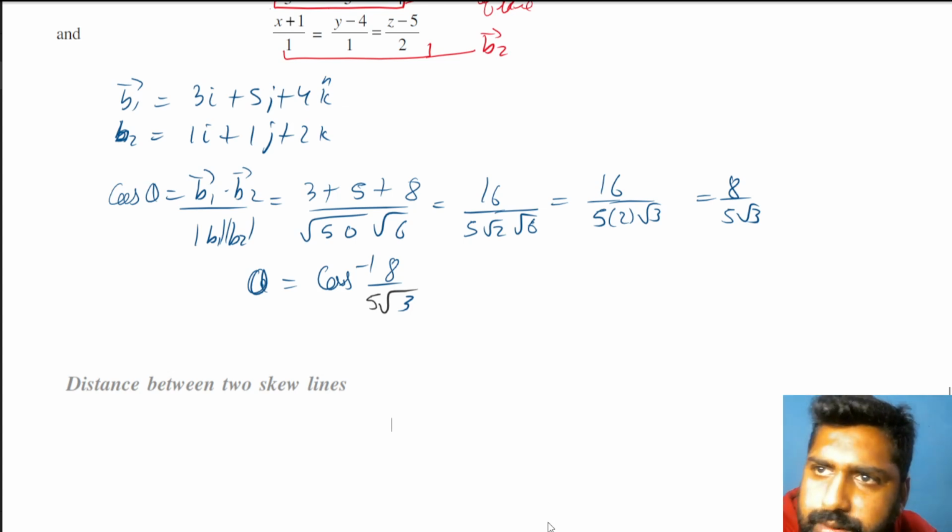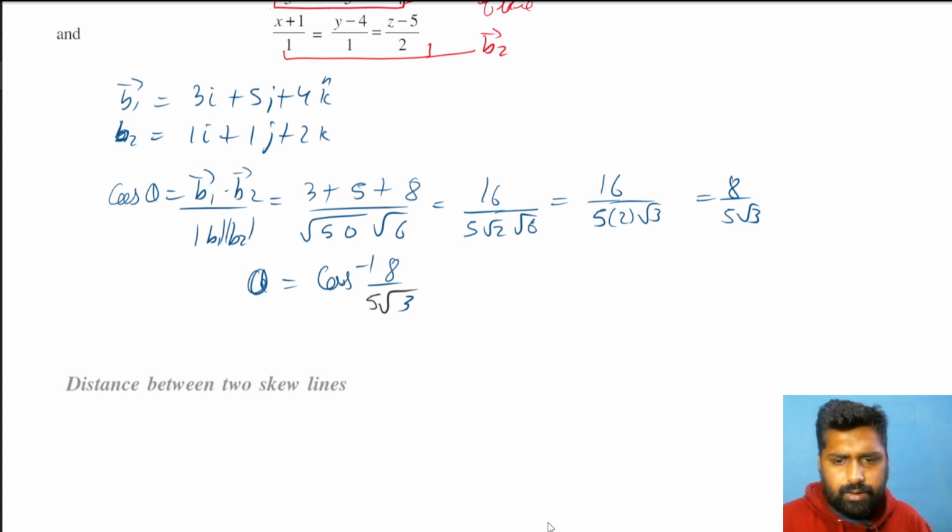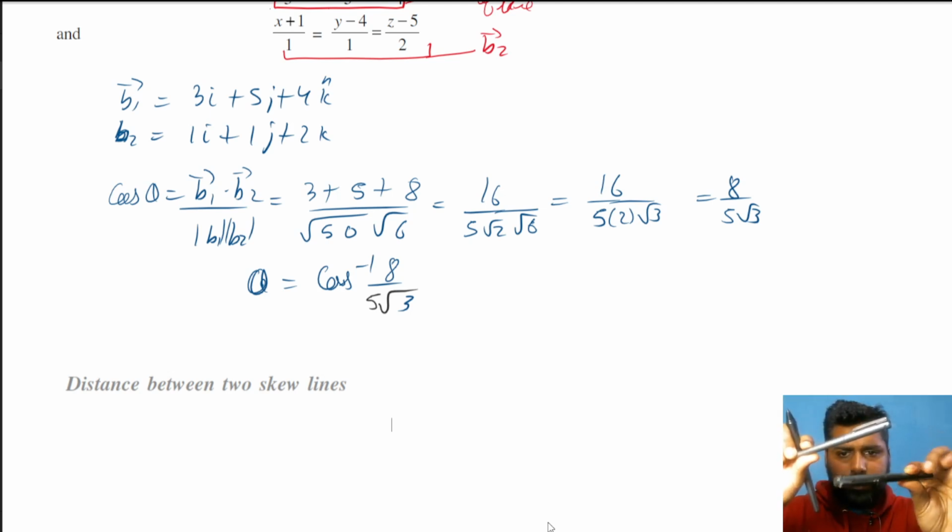So what I'll do is, yes, try to look at my camera. See this kind of line here. This line and this line, they are not parallel. They may intersect, the point is they can intersect, but they are in different planes.